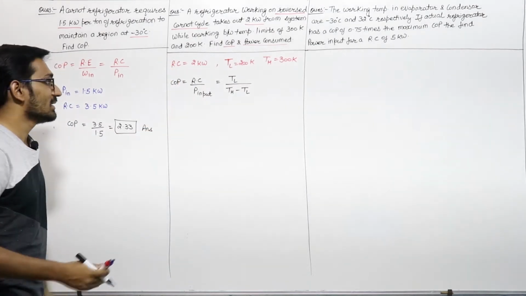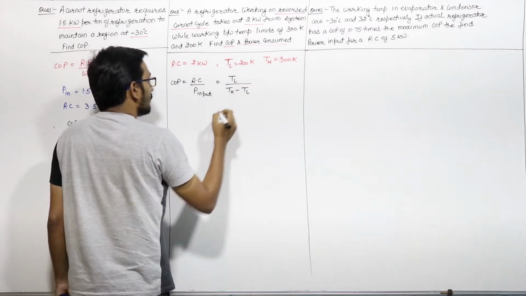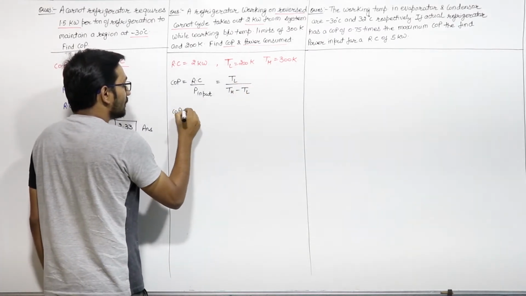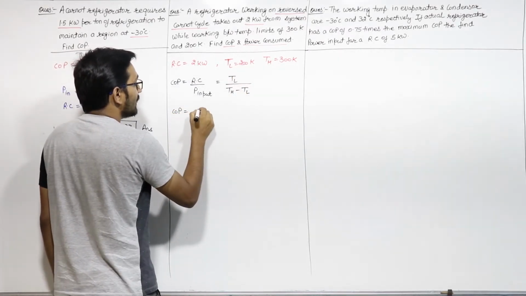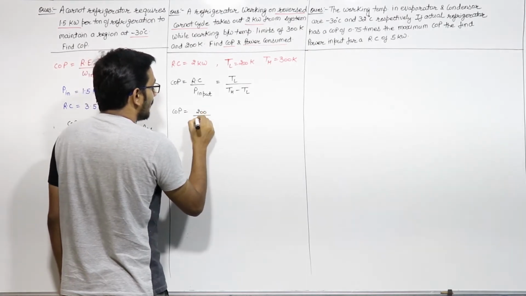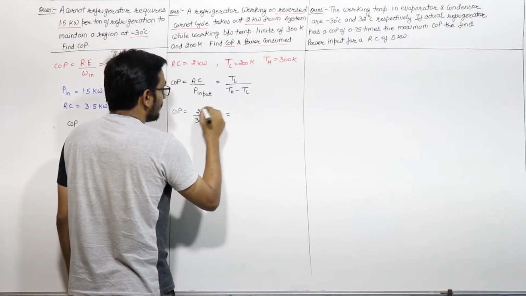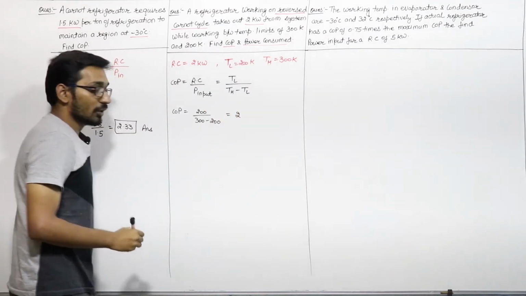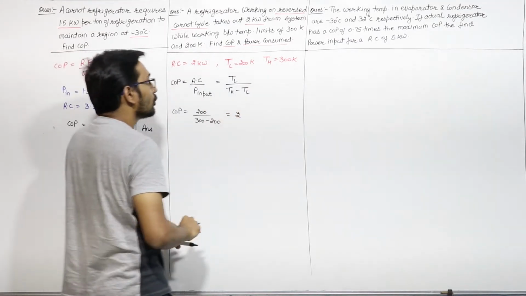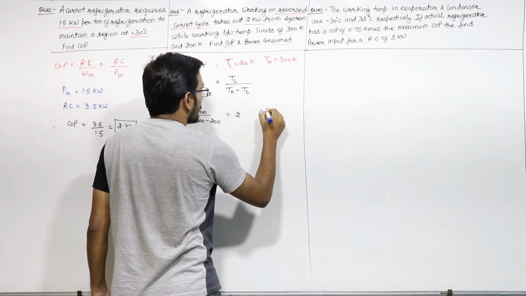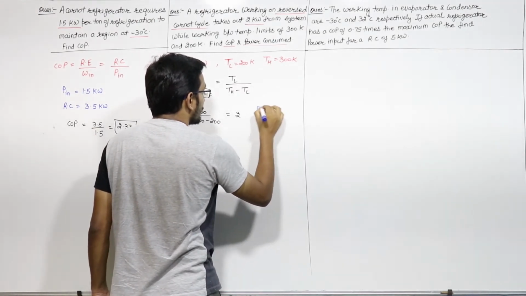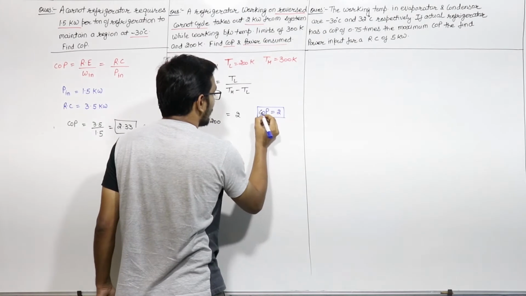We already studied this. So from here the COP will be equal to 200 divided by 300 minus 200. So the COP will be equal to 2. The first answer is that the COP of this reversed Carnot refrigeration cycle is 2.